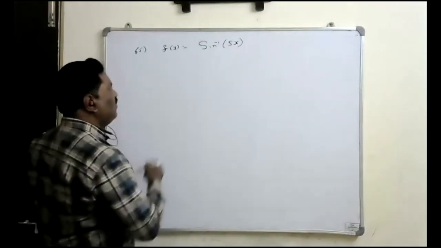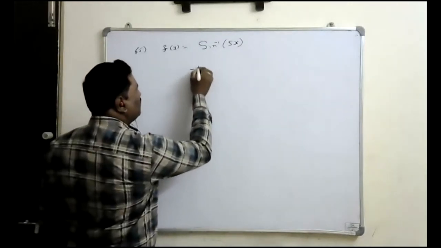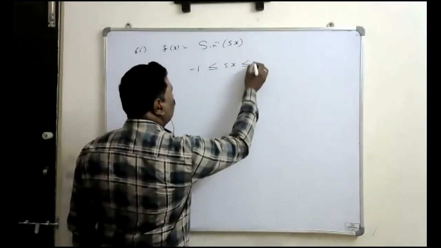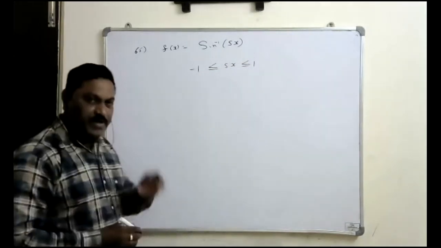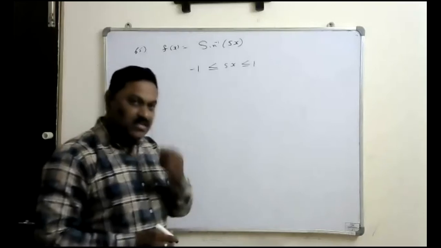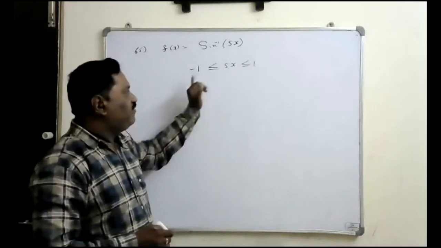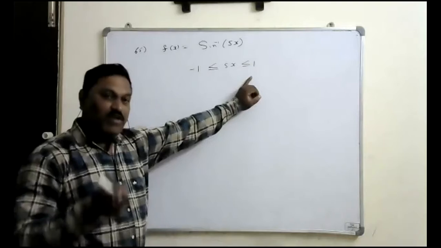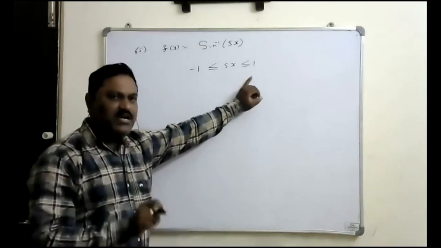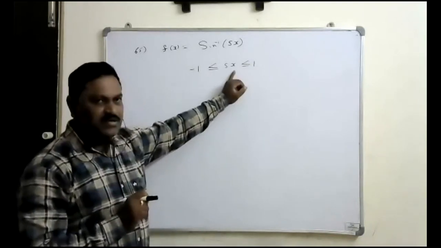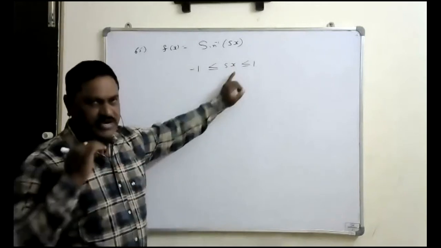That is the condition. Therefore, -1 less than or equal to 5x less than or equal to 1. So if 5x is between -1 and 1, then the function is defined. Therefore 5x compulsorily should lie between -1 to 1. From this, I want to find the interval for x. Since here it is 5x, divide by 5 on both sides.